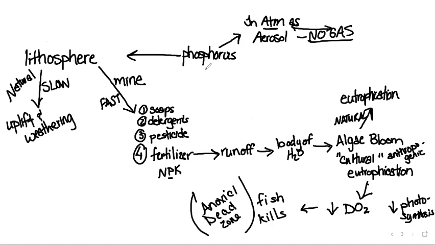So why does phosphorus, and the same way nitrogen, why do they lead to these algae blooms? Because phosphorus is essential for plant life. Phosphorus and nitrogen are both essential for plant growth.